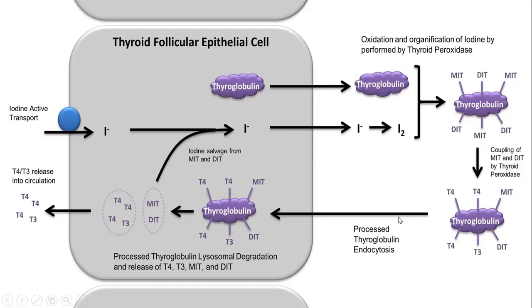Peroxidase processed thyroglobulin is then endocytosed by the follicular epithelial cells on a regulated basis, whenever the thyroid gland is stimulated to release thyroid hormone into the circulation. Importantly, peroxidase processed thyroglobulin within the follicle can act as a reservoir for thyroid hormones in the absence of stimulation for hormone release.